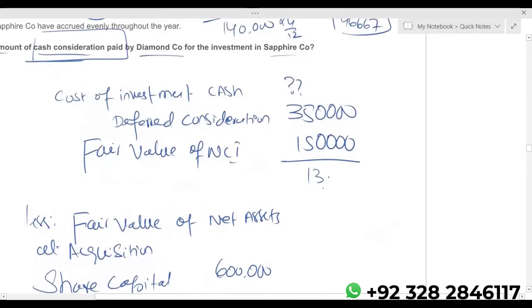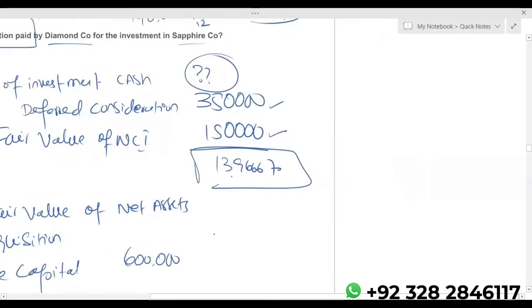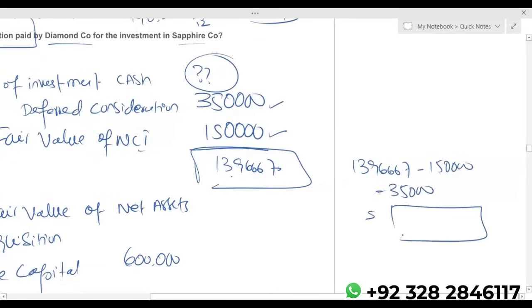The value is 13,96,667. Now from this, if I deduct fair value of NCI and deferred consideration, we can easily get cash payment. So logically, the cash consideration is 13,96,667 minus fair value NCI minus deferred consideration. Let's see.